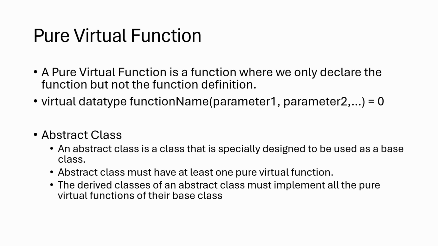The abstract class must have at least one pure virtual function, so this right here, equals to 0. Virtual, some return type, name of the function, it can take in parameters or not, it's fine either way, equal to 0. And the same thing for the return type, it can be void without any parameters, but the virtual and equals to 0 ought to be there.